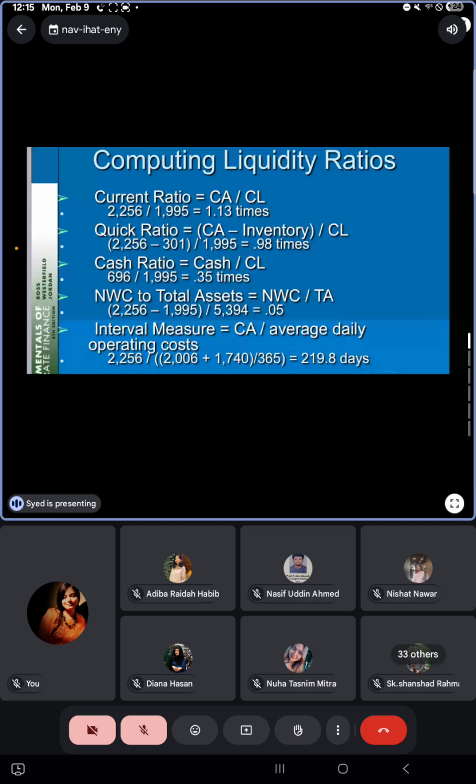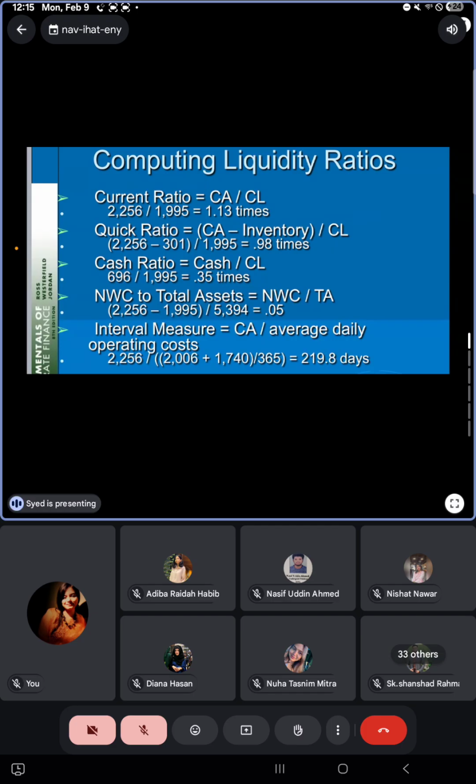Next one is called the net working capital to total asset ratio. Net working capital to total asset ratio measures how much the company has invested in working capital compared to the total asset investment. So this measures the firm's investment in working capital compared to the total asset investment.